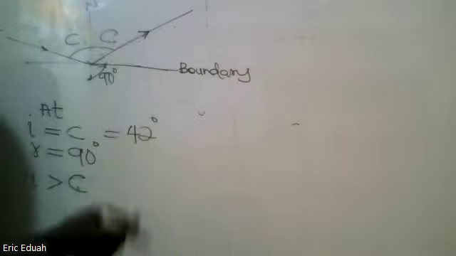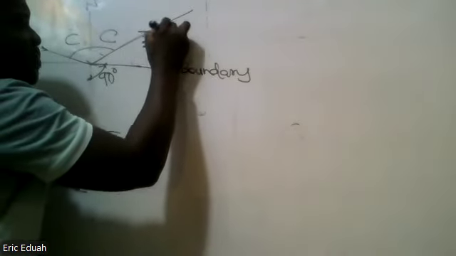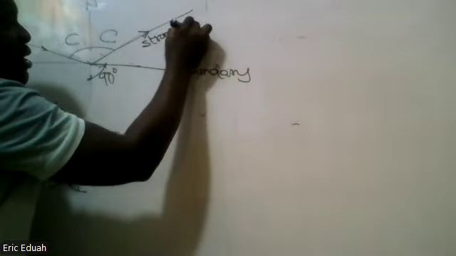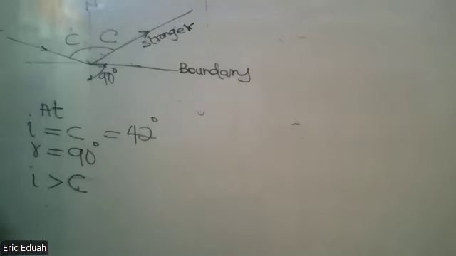The reflected ray, which before was weaker, is now stronger because the refracted ray has added to it. And this is what we call total internal reflection.